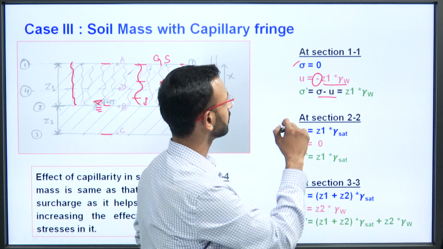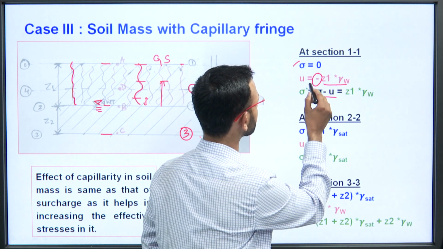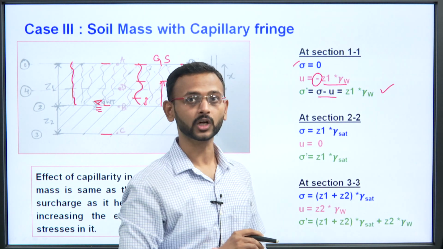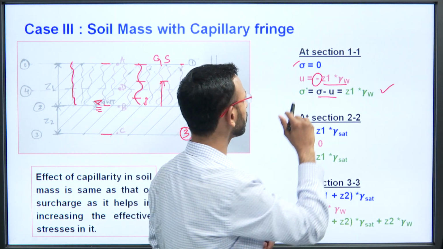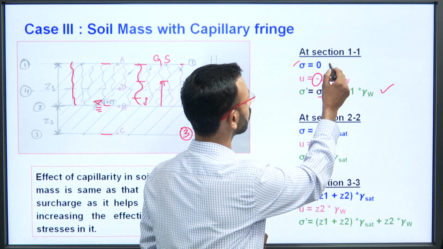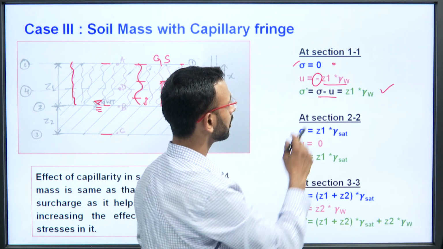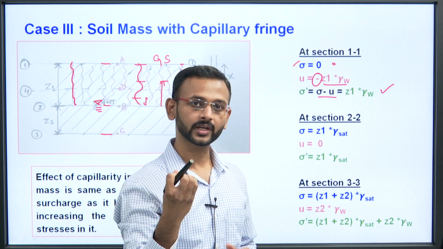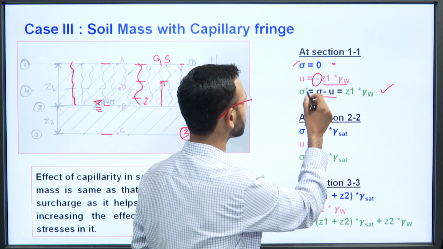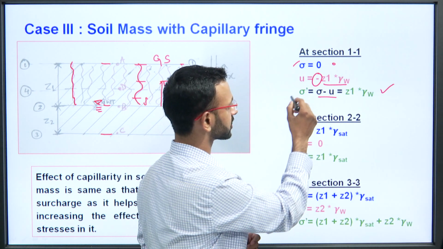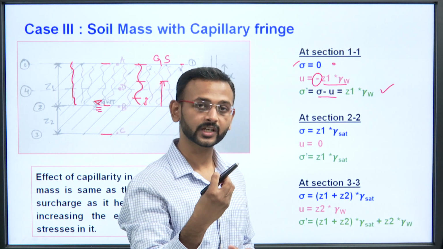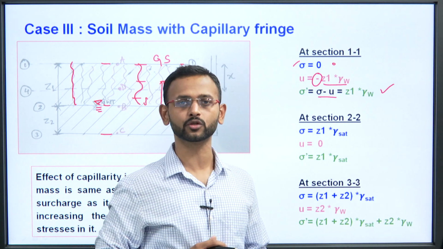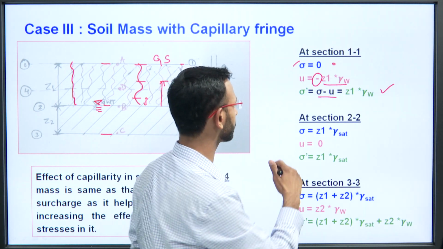Understand here that the effective stress has some value, Z1 into gamma W, while the total stress value is 0, but the pore water pressure is due to the capillary. So capillary has increased the effective stress, and this effective stress in turn increases the shear strength and affects different engineering properties of the soil.